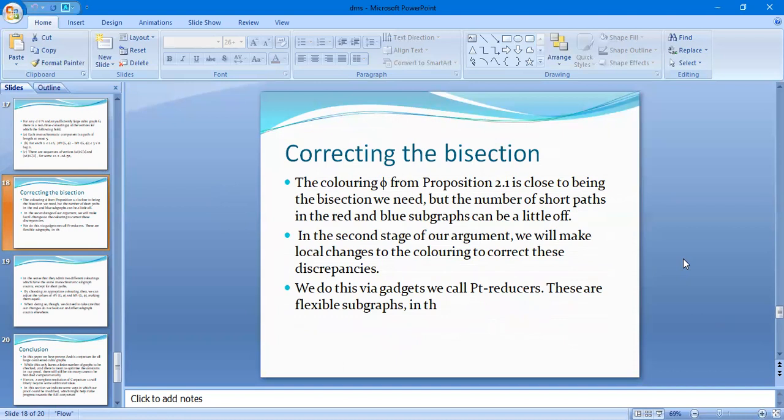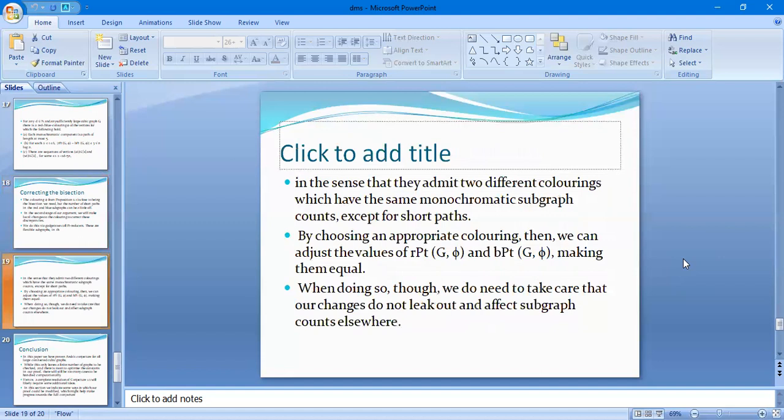In the second stage of our argument, we will make local changes to the coloring to correct the discrepancy. We do this using gadgets we call PT reducers. These are flexible subgraphs in the sense that they admit two different colorings which have the same monochromatic subgraph counts except for a short path.